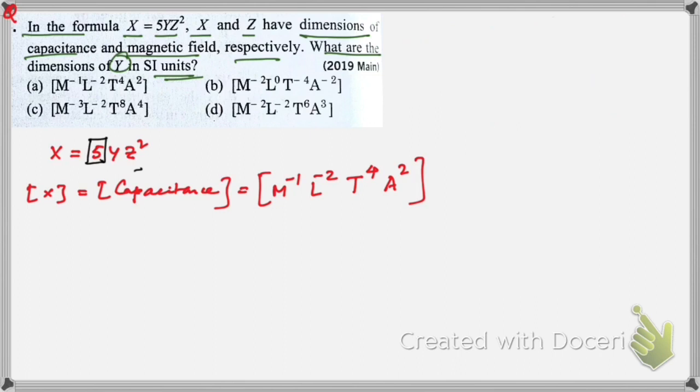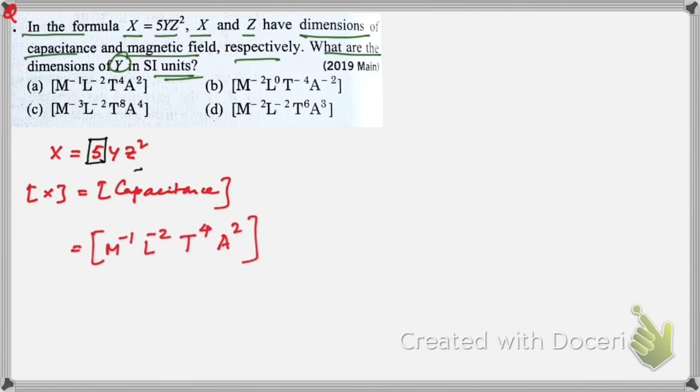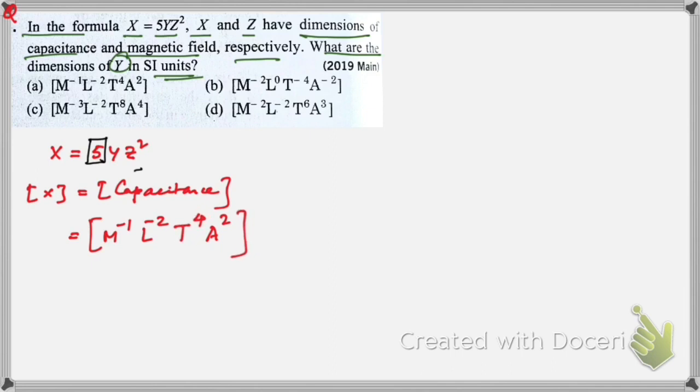Here you see, this is the dimensional formula of capacitance we have got, right? Now here you see it is already given that Z has the dimensional formula of magnetic field.